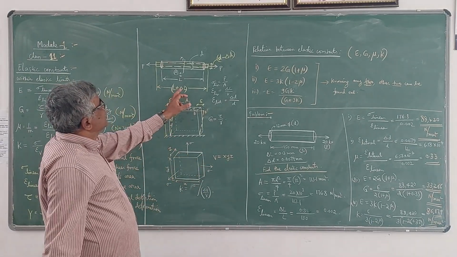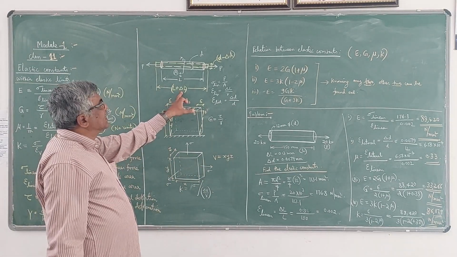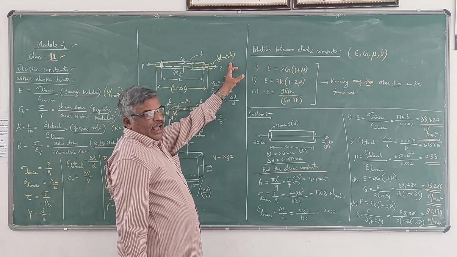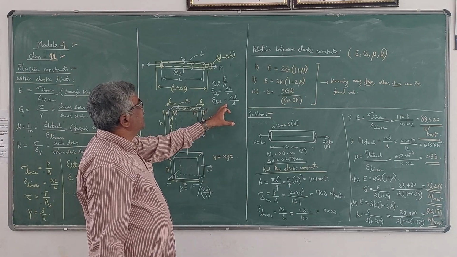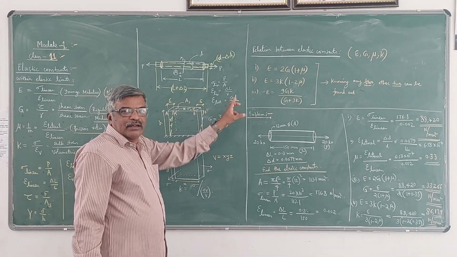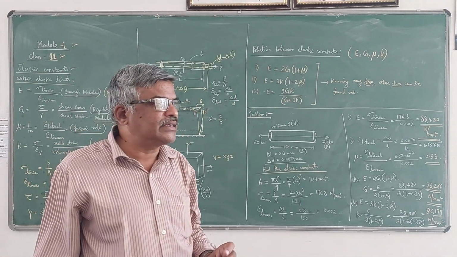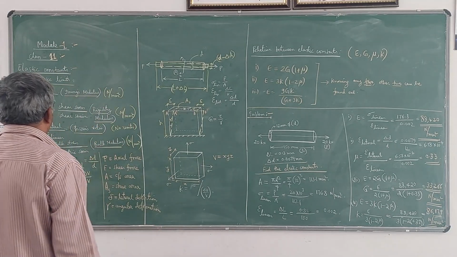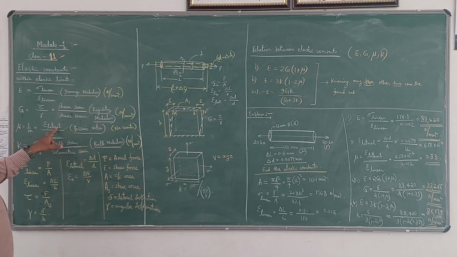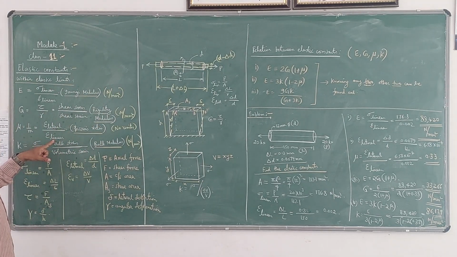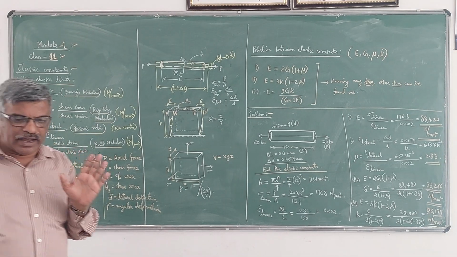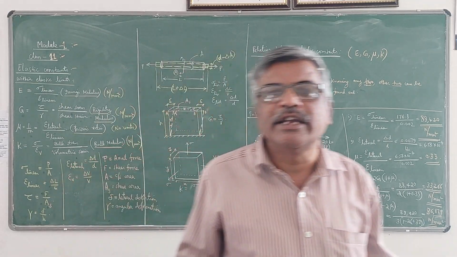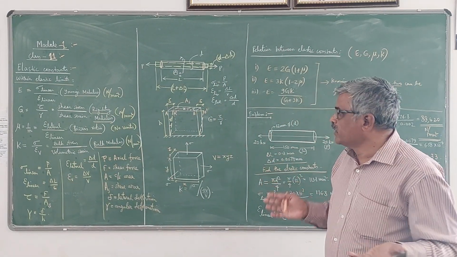When tension force P is acting, we can define lateral strain as delta D by D, and linear strain as delta L by L. The ratio of this lateral strain to linear strain is called Poisson's ratio. Normally it is less than 1. Actually the maximum value of mu is 0.5, that we can prove.